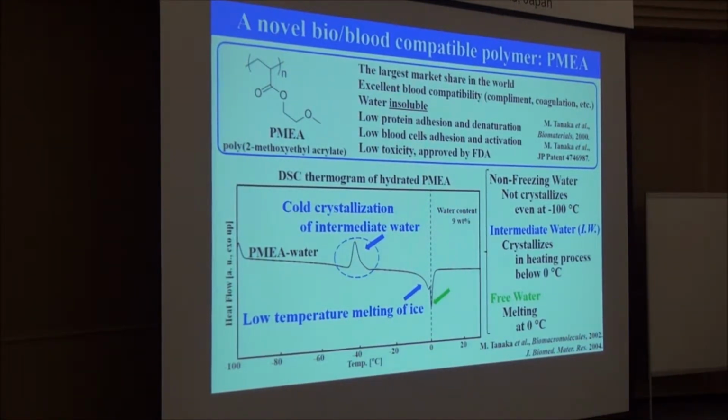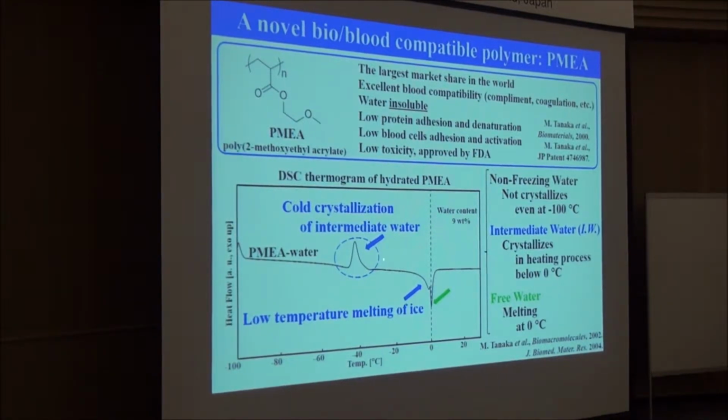It has low protein adhesion, adsorption and denaturation, low blood cell adhesion and activation, and low toxicity, and is already approved by the FDA. This is a typical result of the PMA and water mixture system.